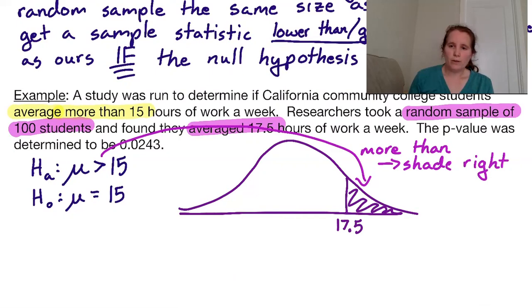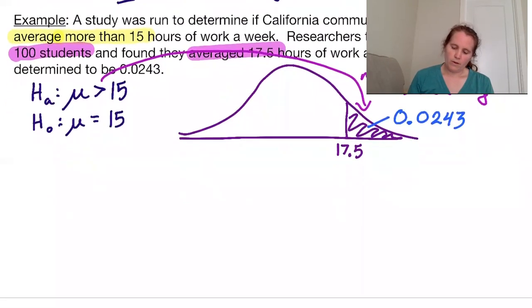And then we're told that this p-value, this probability, is 0.0243. Otherwise known as 2.43%.